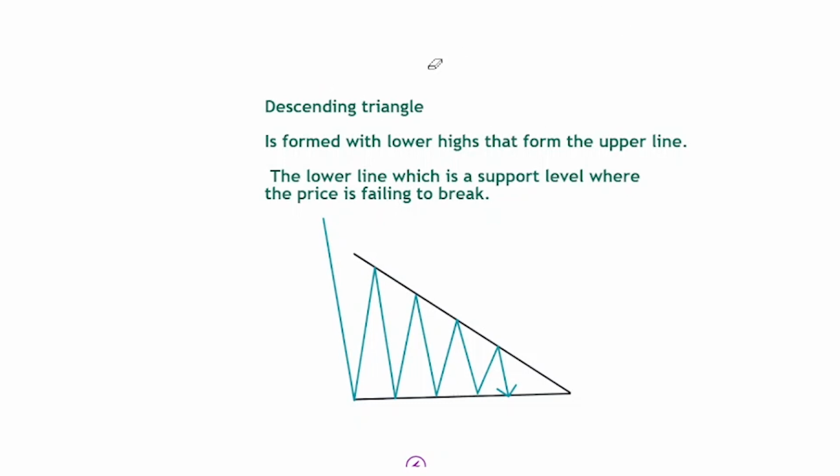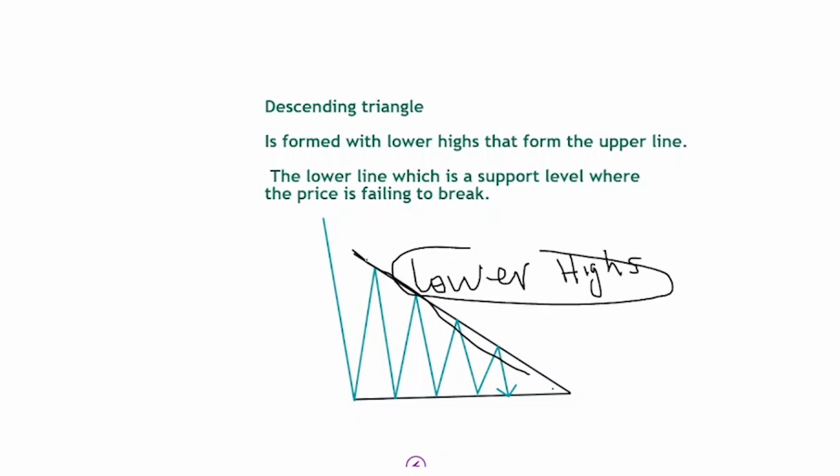Okay, so now this chart pattern is formed with lower highs that form an upper line. This is an upper line. These are lower highs with this resistance trend line. On the bottom we are forming the support level where the price is failing, or where the price is rejecting to break from.